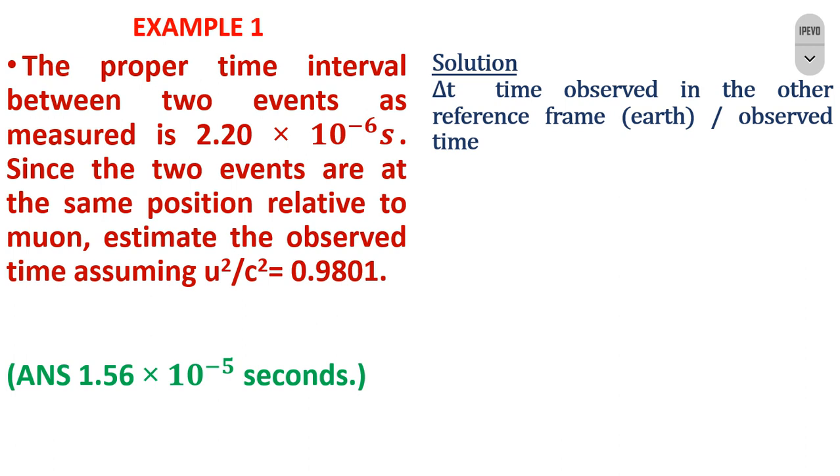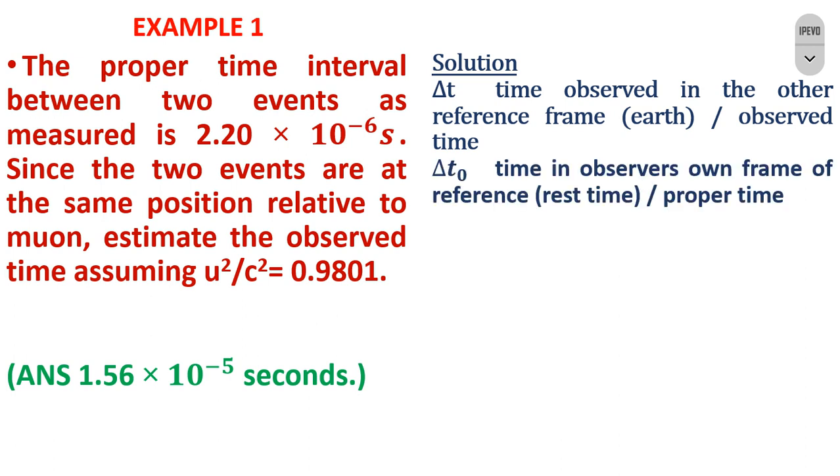Change in t, time observed in the other reference frame, which is the Earth, or the observed time. T naught is time in observer's own frame of reference, the rest time, or you call it the proper time.